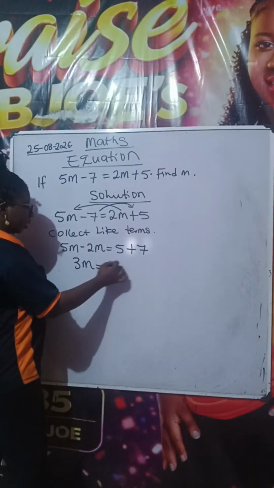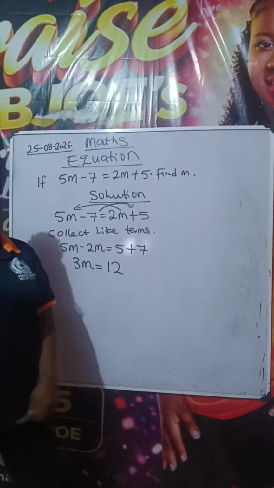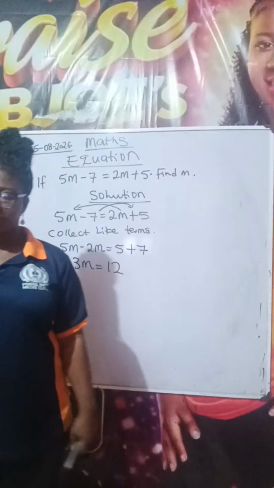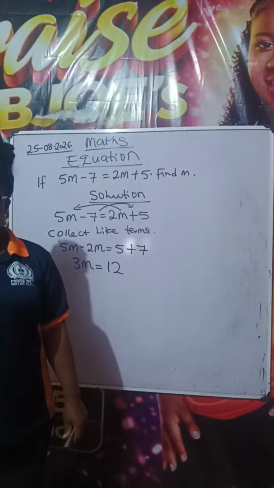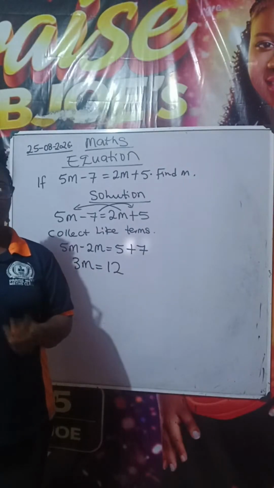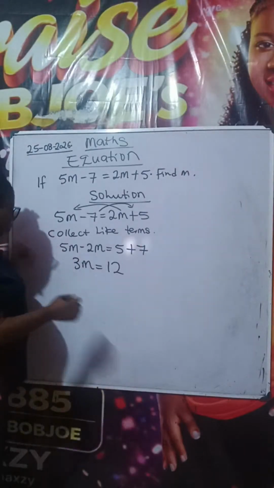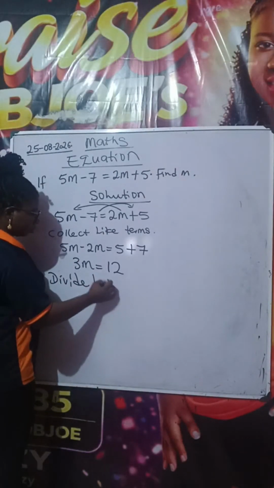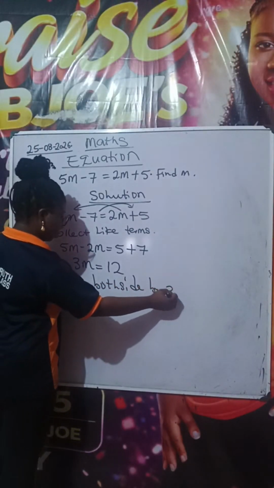Good job. Now, to remove this 3 from here so that we can get the value of m, how do we remove it? To remove it, all we need to do is divide both sides by 3.